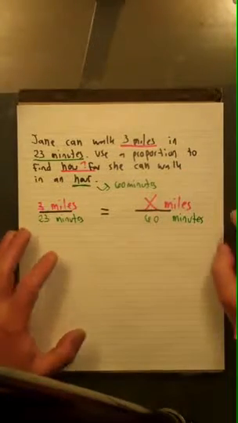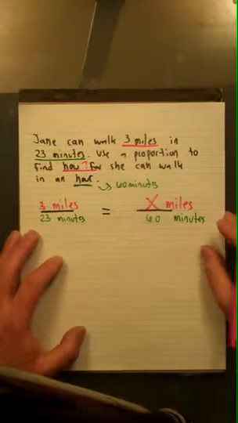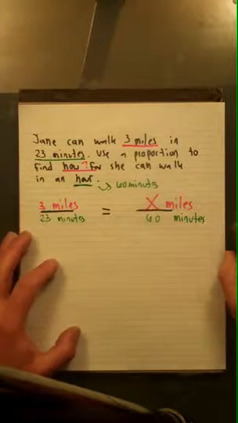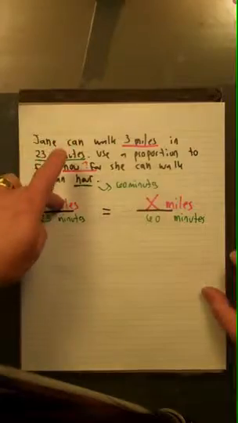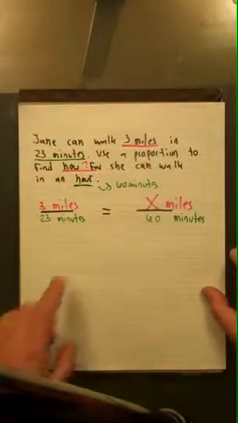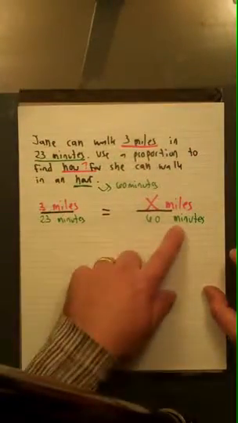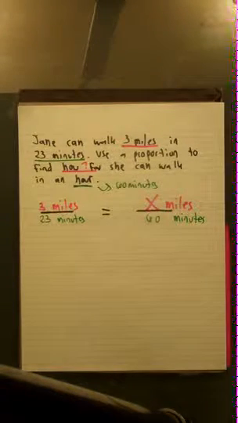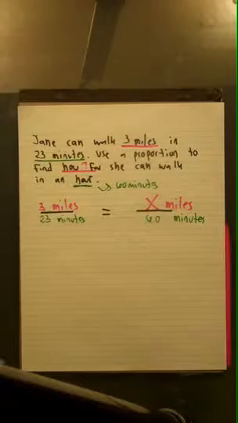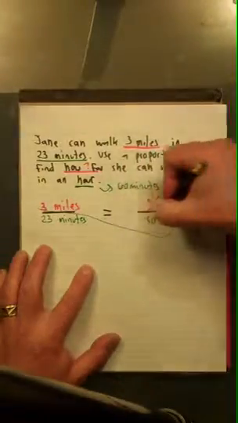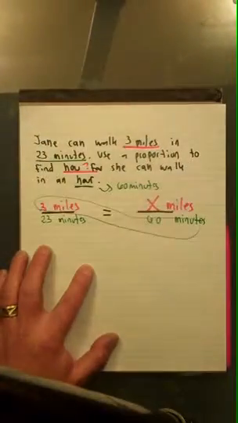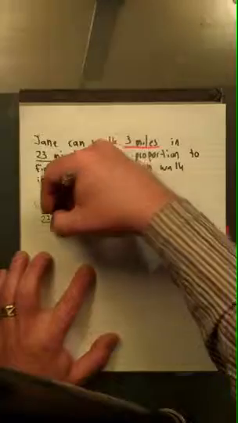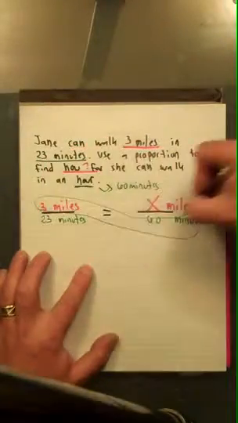Now I've set it up. The rest of it, we've had practice in, but I'll do it anyway. So again, miles on the top here, miles on the top there. Minutes on the bottom here, minutes on the bottom there. Now, I do my trick. I call it the cross multiplying trick, it gets different names. I'm going to multiply these things and set it equal to these things.